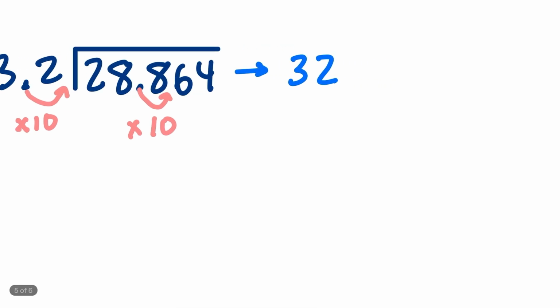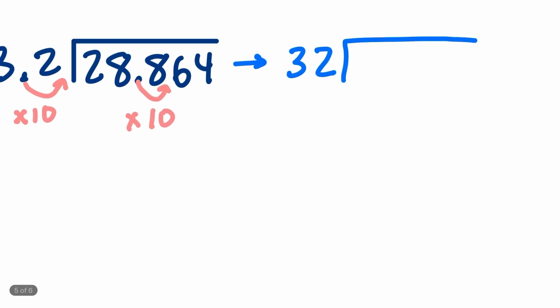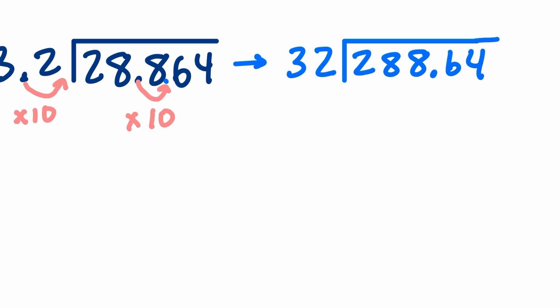This is now what? Well, now it's 288.64 because the point's there now. And if we have a decimal point in our dividend, we should always raise it to the quotient. So now we have to divide this value inside by this value 32 outside.